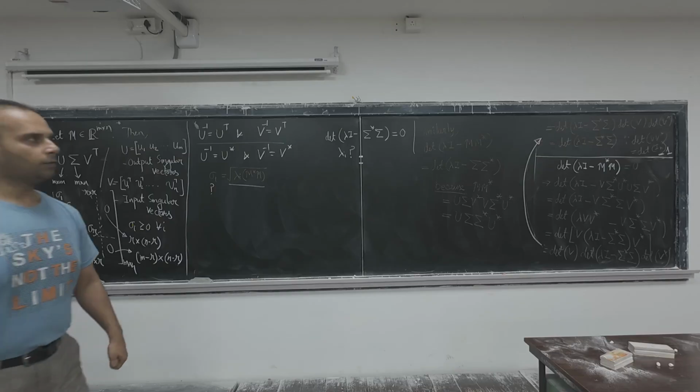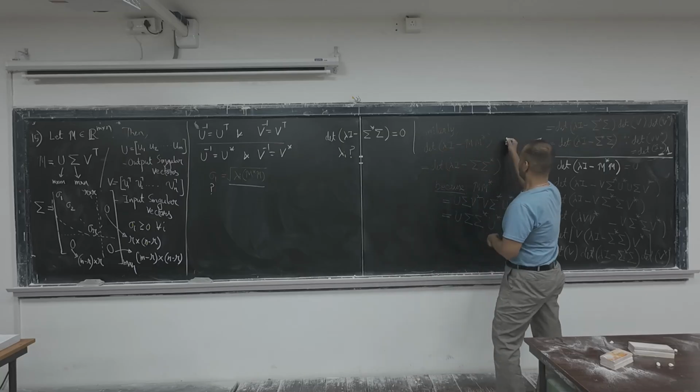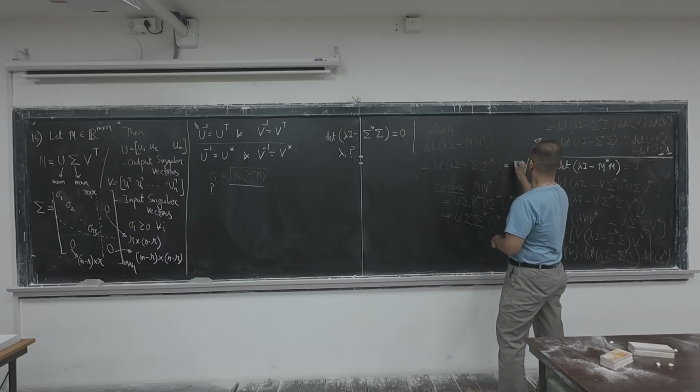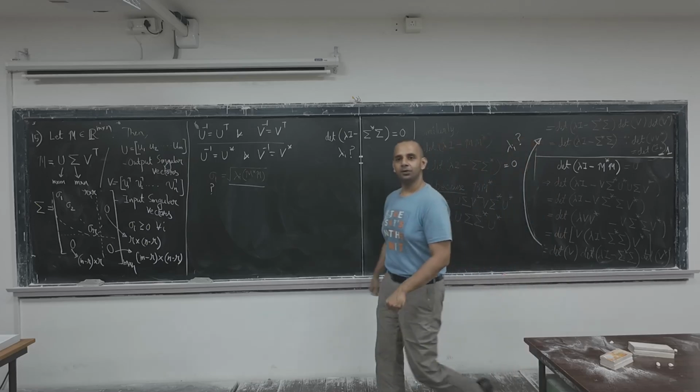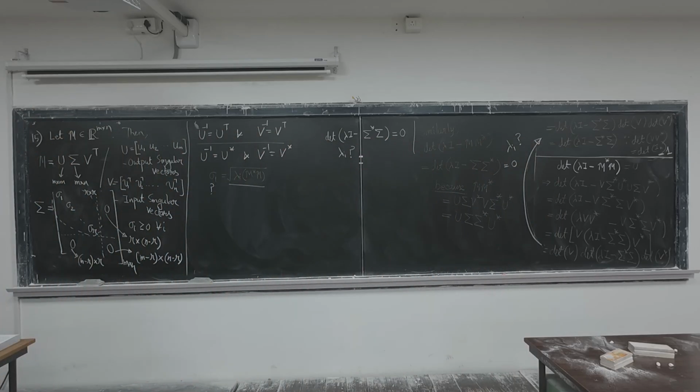Exactly. If we put this one equal to 0, what are the eigenvalues we will get? Either those are the eigenvalues of sigma star into sigma or sigma into sigma star.